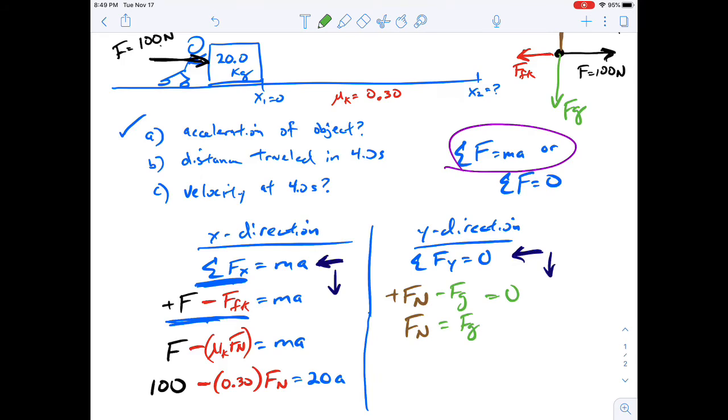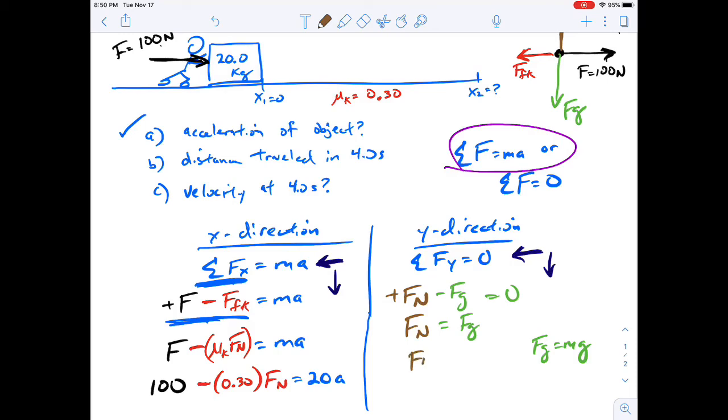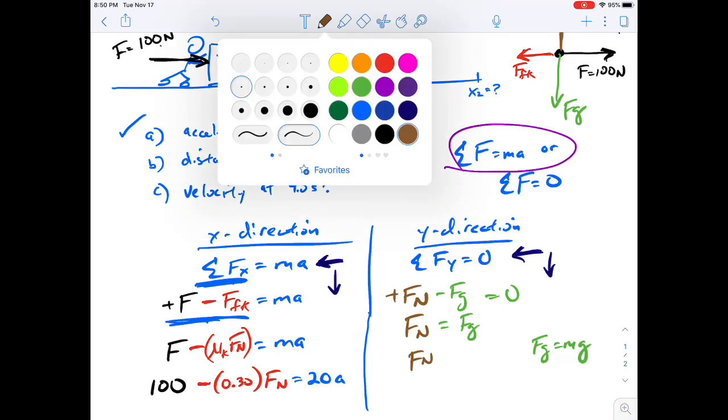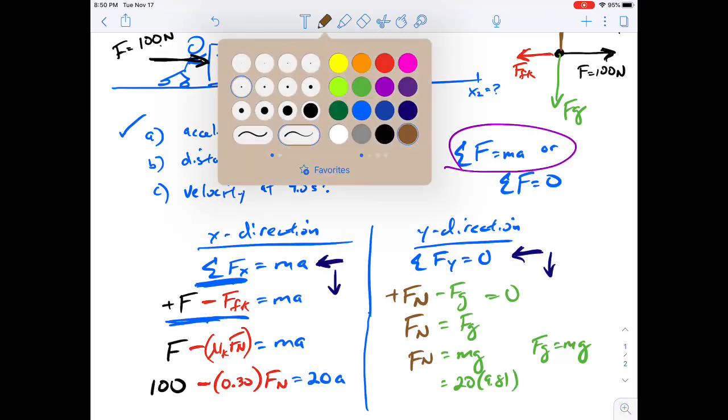Again, I don't know the normal force, I don't know gravity, but again, off to the side, I could say, well, Fg equals m times g. I do know that. And so I could solve it off to the side and then plug it in, or I'll just plug it in right here in the next line item. And that's going to be equal to 20 times 9.81. And that's going to be equal to Fn.